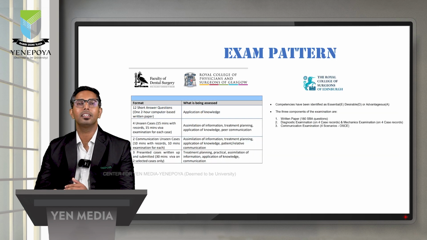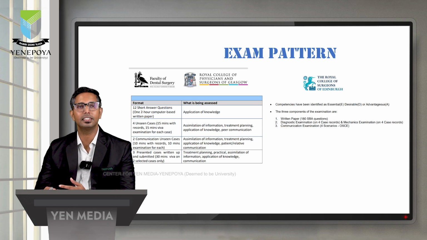Now the exam pattern is slightly different for both of these exams. The bicollegiate exam right now has 12 short answer questions, the writing part, which is mostly online. Then 4 unseen cases, with 15 minutes with records and 15 minutes of viva for each case, where they will assess how you assimilate information, how you plan it, apply your knowledge, and communicate it across.